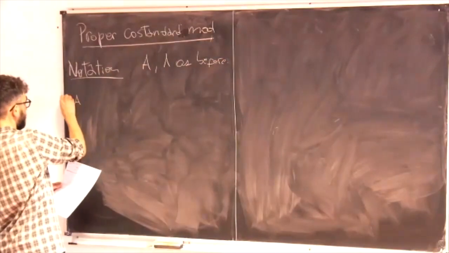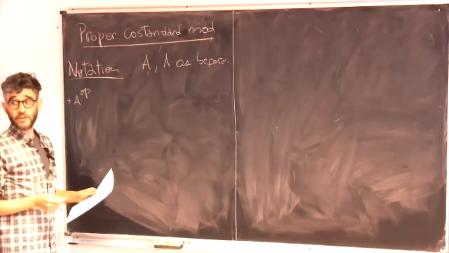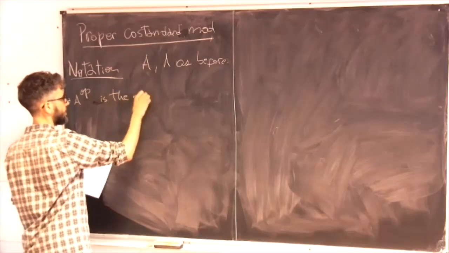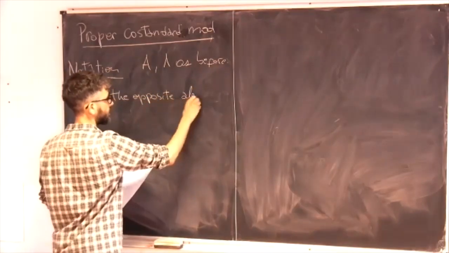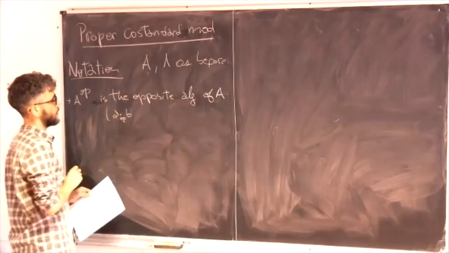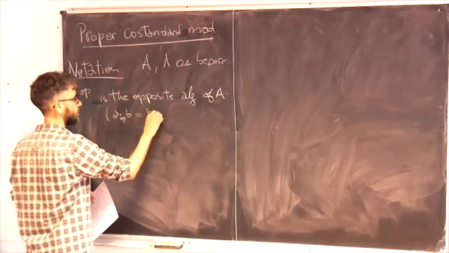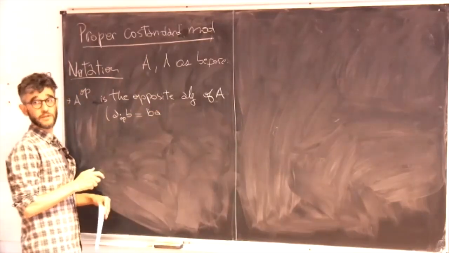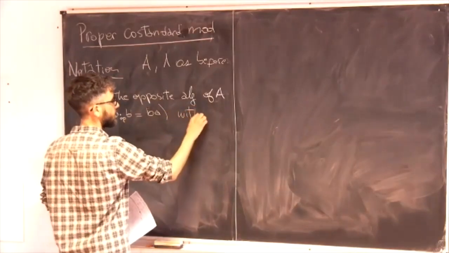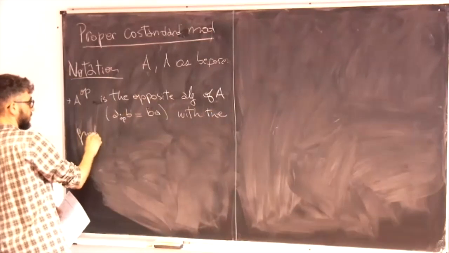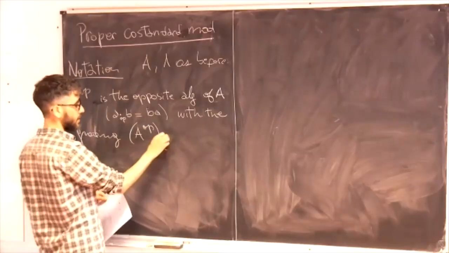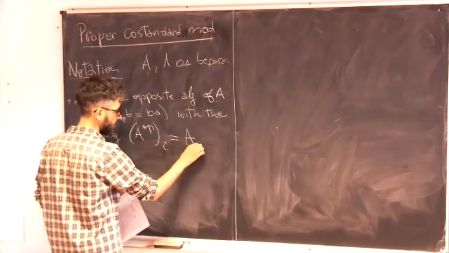We denote by A opposite the opposite algebra of A, which means that the multiplication of two elements of A is done by multiplying them in the other order, with a different grading: the homogeneous component of degree i is equal to the homogeneous component of A of degree minus i.